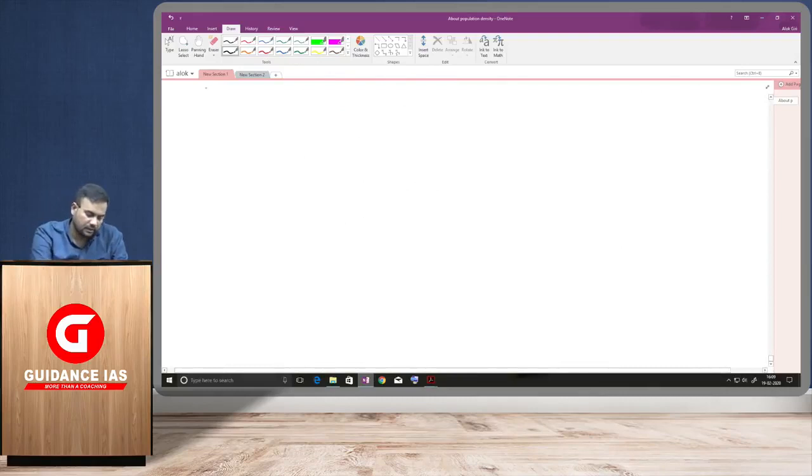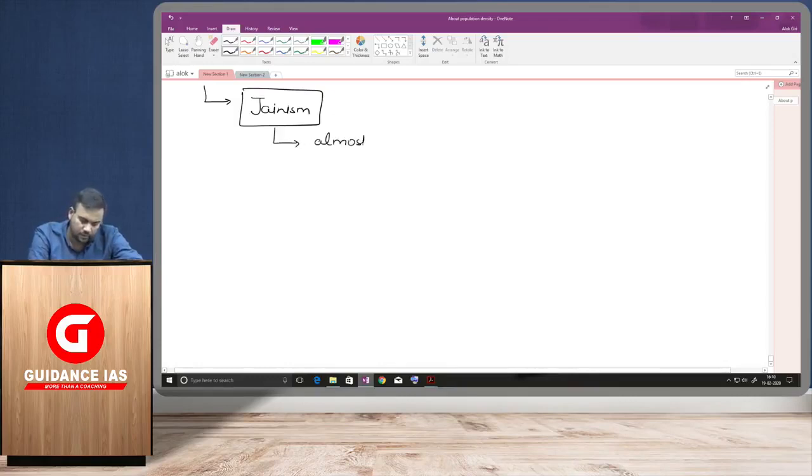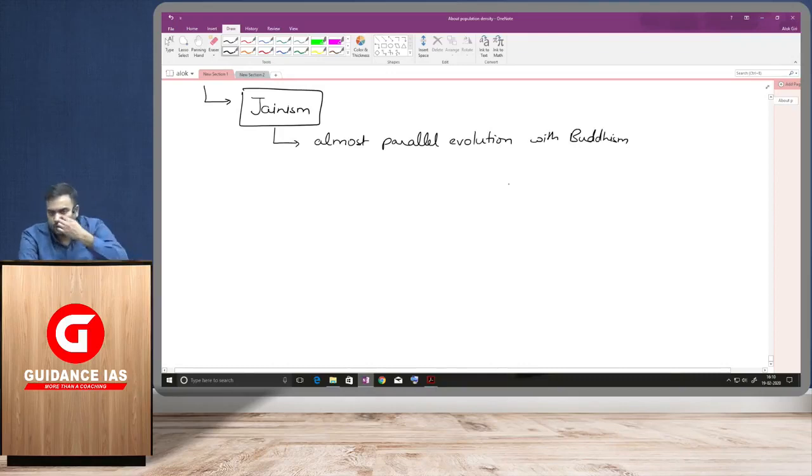Then comes another religion, which was Jainism. Jainism has almost parallel evolution with Buddhism. So it also originated from where? The eastern core of the Indo-Gangetic earth.